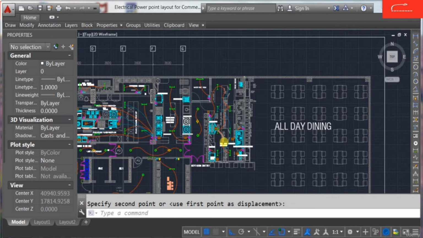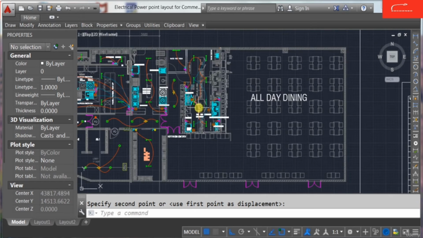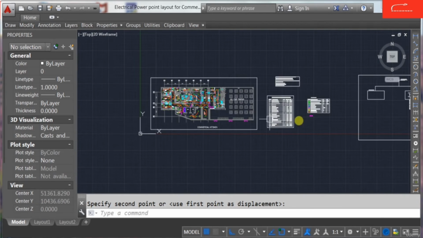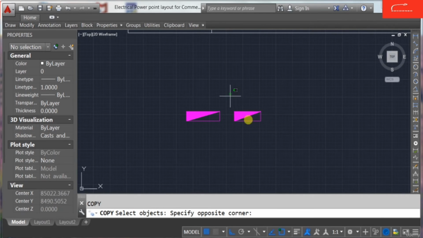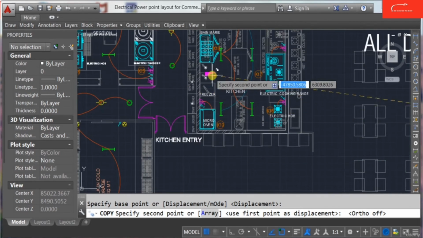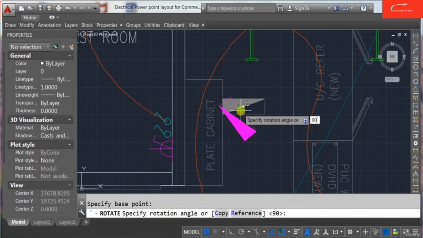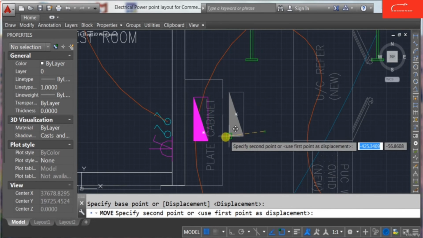And from this all day dining kitchen, we see the electrical equipment available in the kitchen. So in each kitchen we require one DB, that is called sub DB or the sub distribution board. Keep a sub distribution board nearby which can be easily accessed.